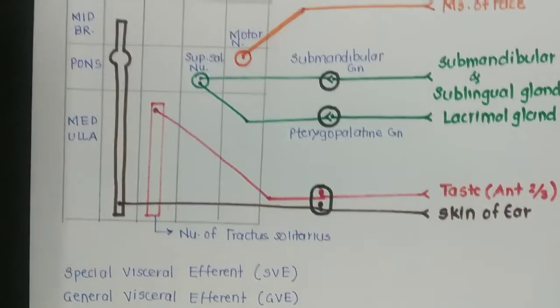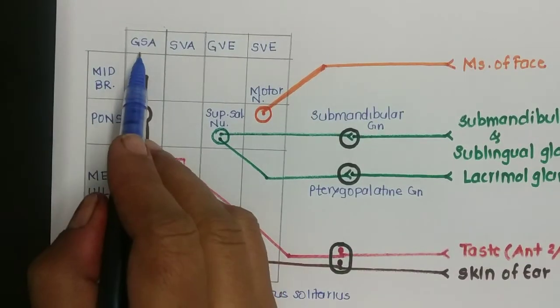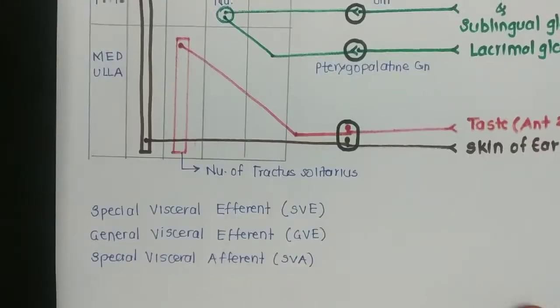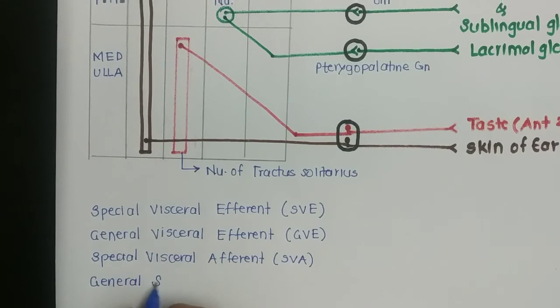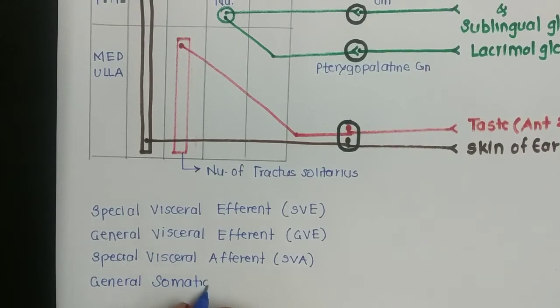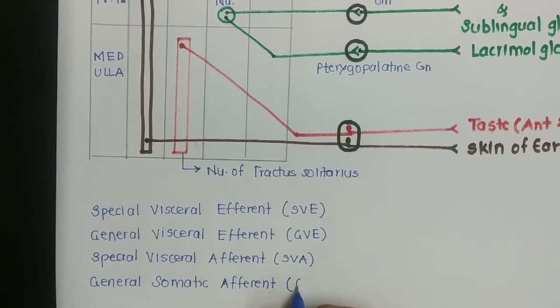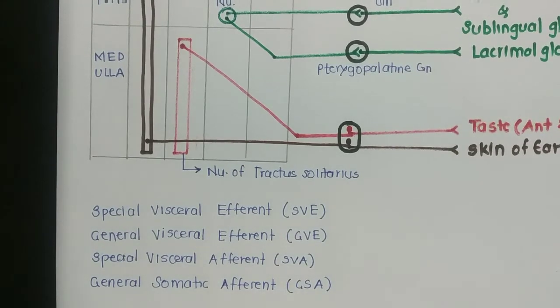The fourth component we have seen is the general somatic afferent. So this is general somatic afferent column, GSA.